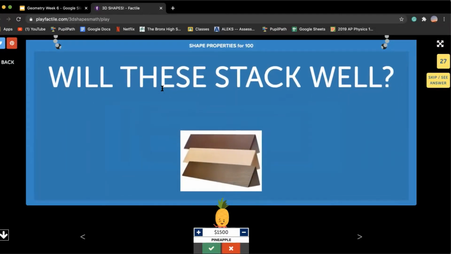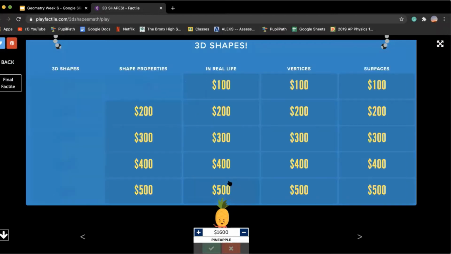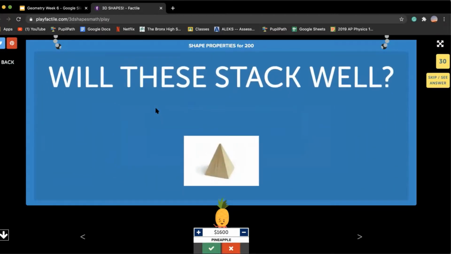Will these stack well? No, because the bases are on the edges, the vertices. If you stack these up, they're going to fall down, because it will be unbalanced. The bases will be stacking on the apex or the vertex, which will be unbalanced.